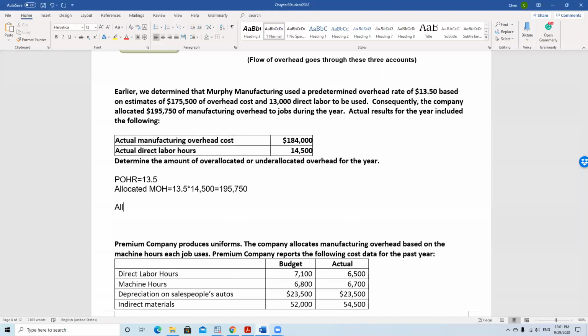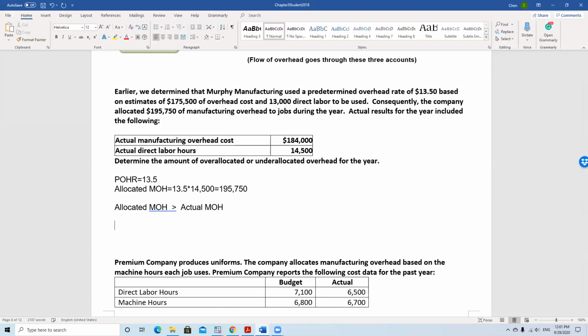So is allocated MOH greater than or less than actual? It's greater than, right? And if we allocated too much, is it over allocated or under allocated? Yes, we over allocated. By how much? By 11,750.